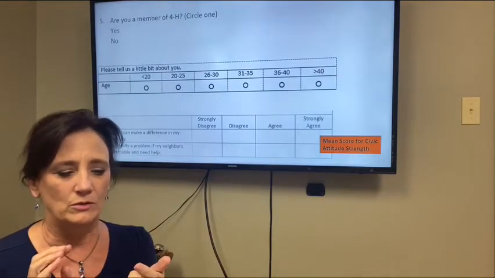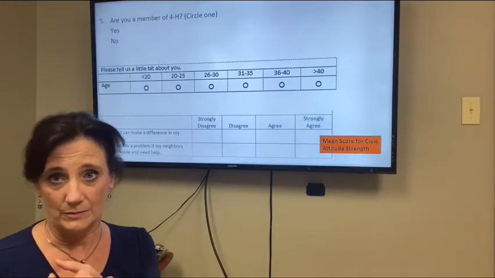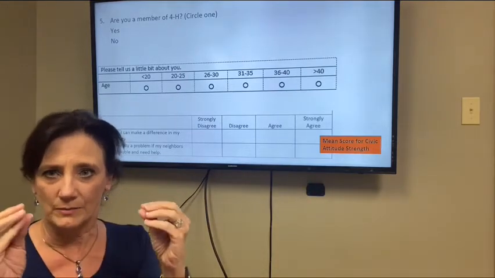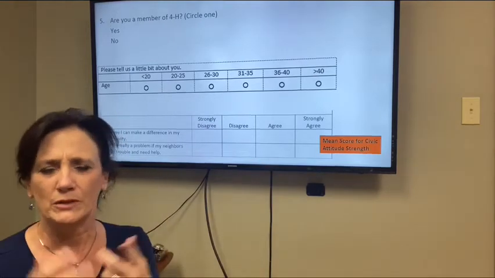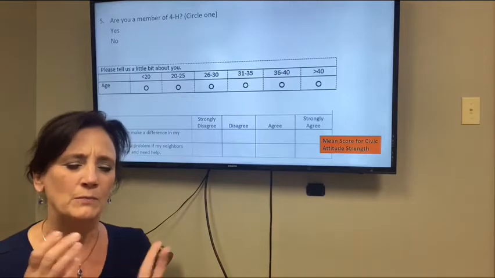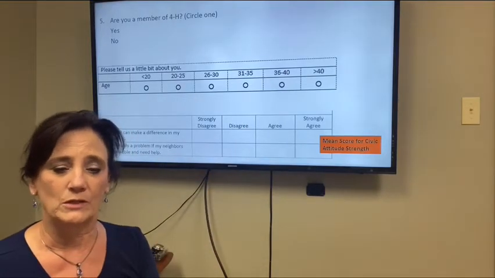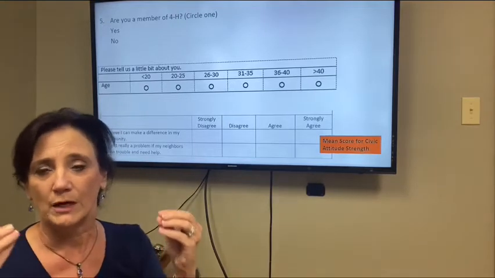We're going to think in terms of true dichotomous and continuous dichotomous variables. A dichotomy, yes, no, is one example, and we'll look at another example of a dichotomy in a little while. Right here you can see the example from the survey: are you a member of 4-H, yes, no.